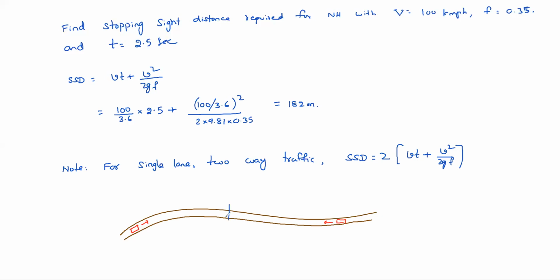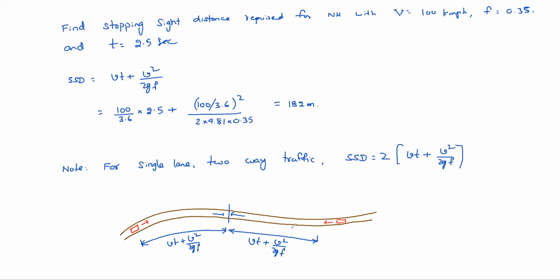Suppose one will come here and the other will come here before meeting. So this distance is Vt plus V square by 2gf. This distance is also Vt plus V square by 2gf. So after seeing each other, they will analyze the situation and apply brakes.